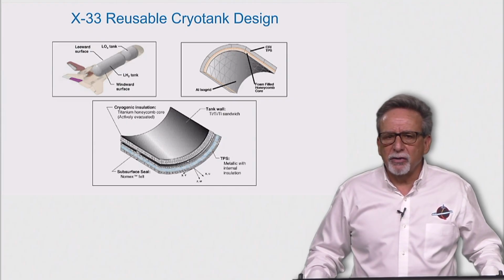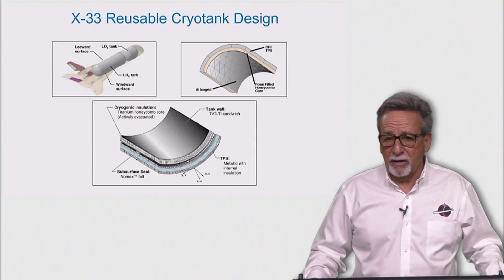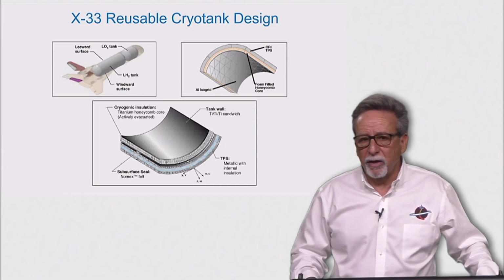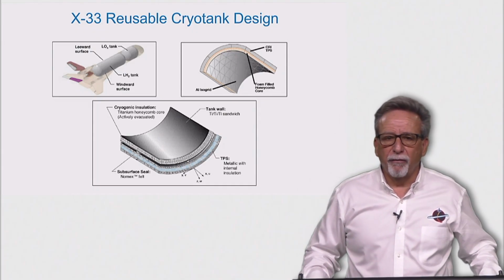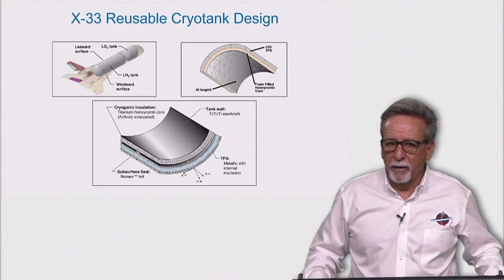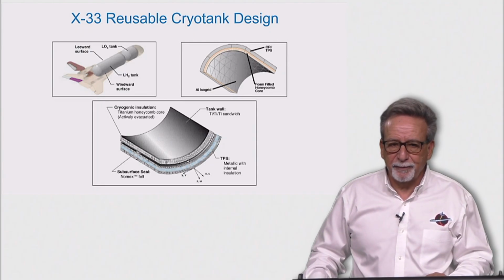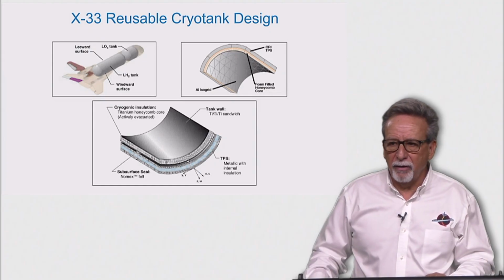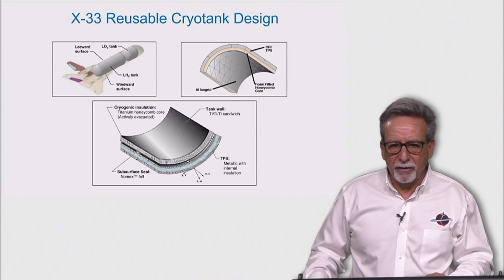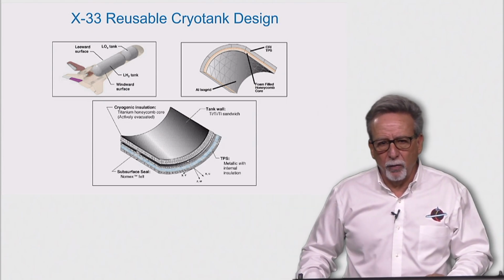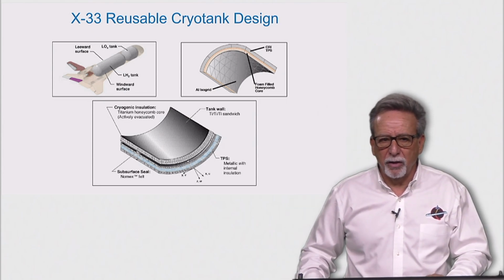The metallic TPS would be mechanically attached to a titanium cryotank, thus eliminating some of the restrictive thermal constraints that would have been necessary for a bonded TPS design. This would help make the all-metallic cryogenic TPS tank competitive, I believe, with the composite designs, which companies like Lockheed were evaluating and designing for.